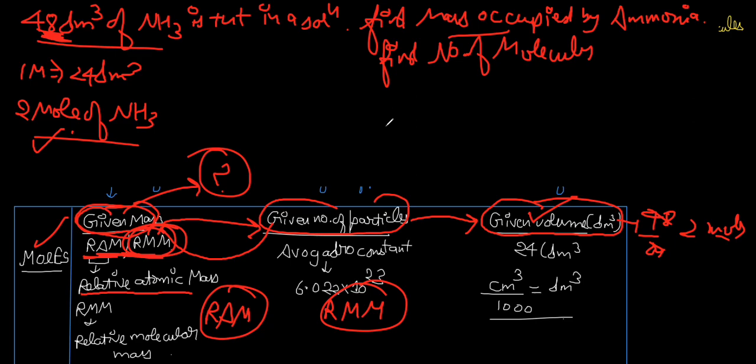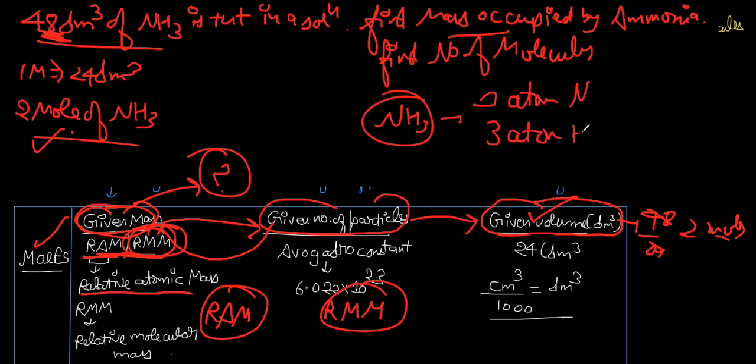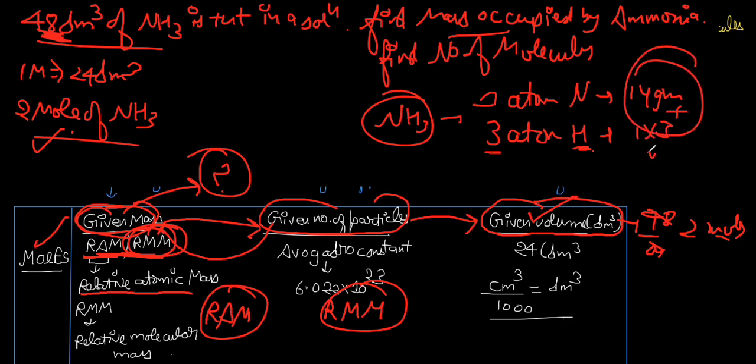How? Let's say for ammonia only, you will look at ammonia, you will say this contains one atom of nitrogen and three atoms of hydrogen. So one atom of nitrogen has a mass of 14 grams. One atom of hydrogen has a mass of 1 gram. Now you have three atoms of hydrogen, multiply by 3, add both of them up, you will get 17 grams as the mass of ammonia.